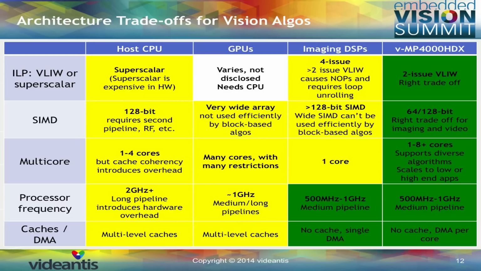It makes the architecture a lot smaller, and we also have a DMA per core, so it's under programmer control. Since we're embedded, it's all about low power and making things small. We believe the programmer can better make those decisions to make sure the data is very efficiently moved through the processor.